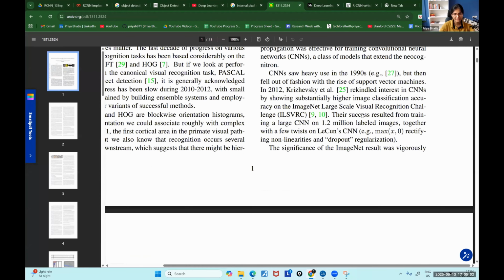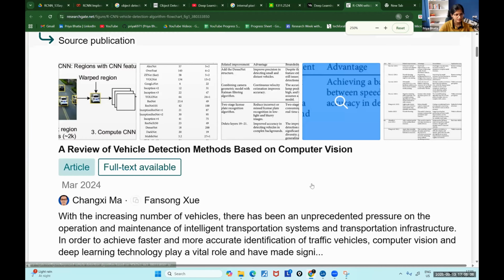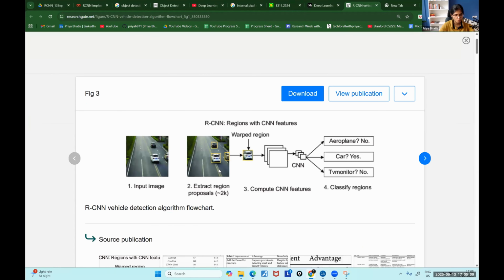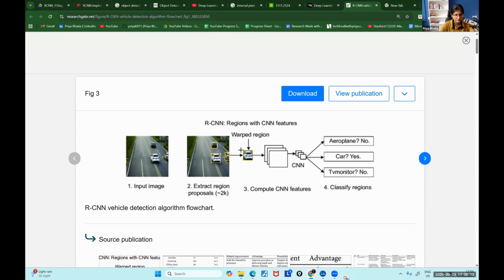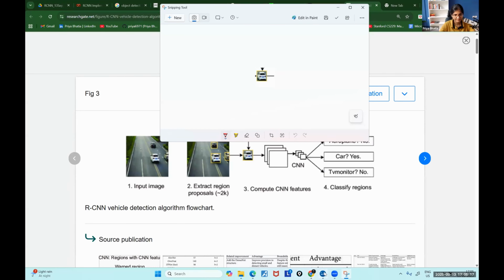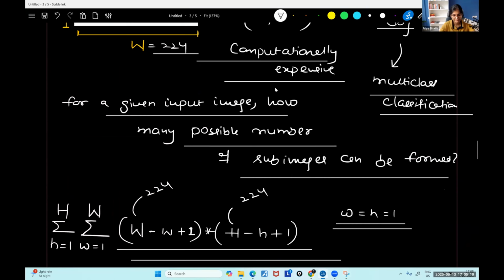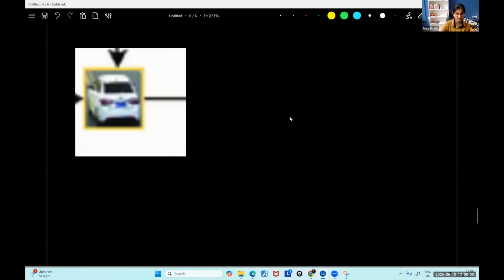The simple idea which I want to convey here is, let me extract it from here itself. This is the image, right? This is the car image.